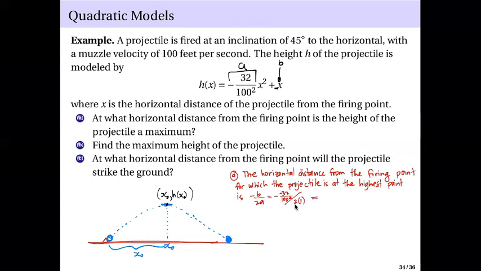Sorry, what am I writing? This is your A. We need it on the denominator. So my apologies. So you have here negative 1, that's your B, all over 2 times A. And this is your negative 32 over 100 squared.